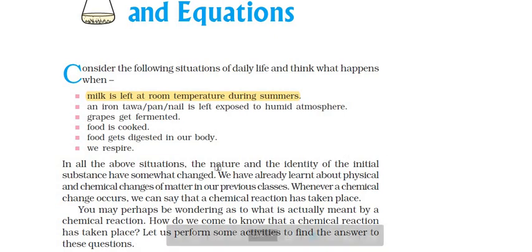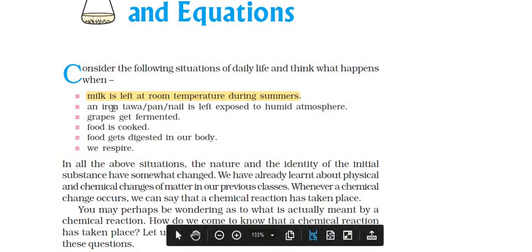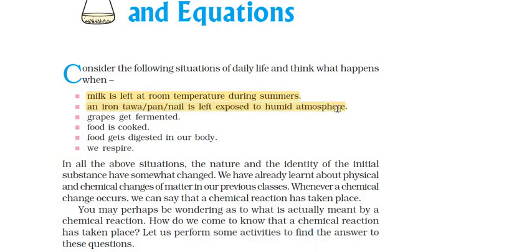Any iron object, when it is left exposed to air and humid conditions, develops a rusty coat. That rusty coat is called rusting and the process is called corrosion. That also is a chemical reaction.